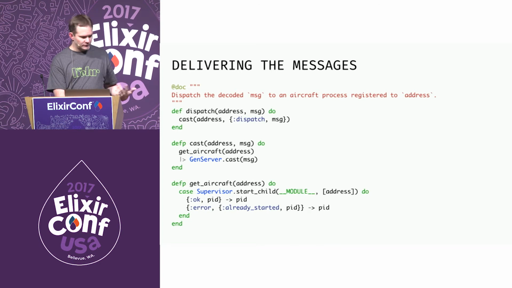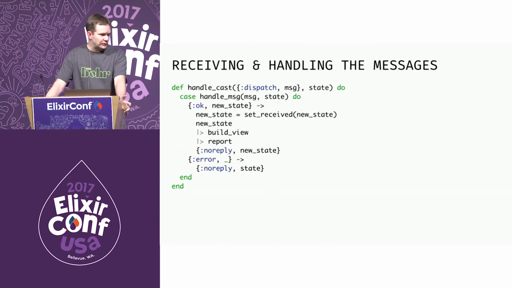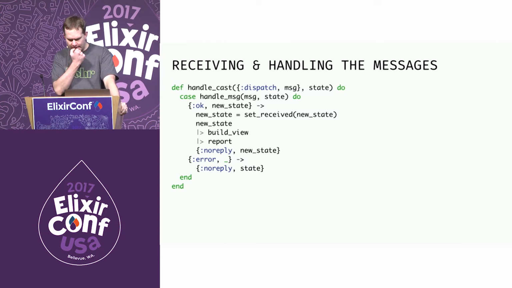All right, so once I cast the message to the process representing that aircraft, that process just delegates it to its own internal handle message function. If that message gets handled, the aircraft is going to call this setReceived function, and that updates the aircraft's age, so we know that the aircraft is still active.